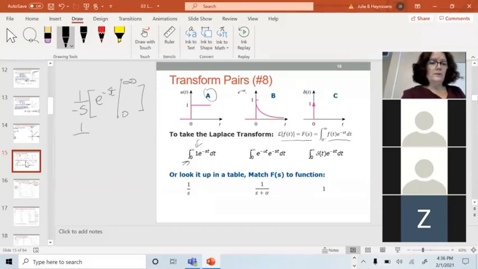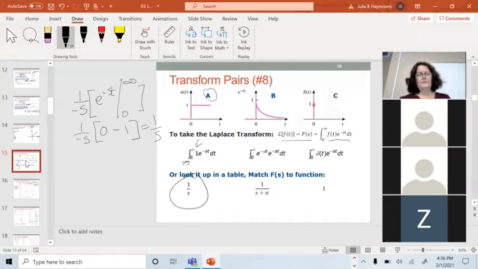So it's 1 over minus s, 0 minus, and at 0, e to the 0th is 1. So I get 1 over s. The Laplace transform of that step function is 1 over s. Number 2 on the table, the Laplace transform of u of t is 1 over s. This is my key slides.